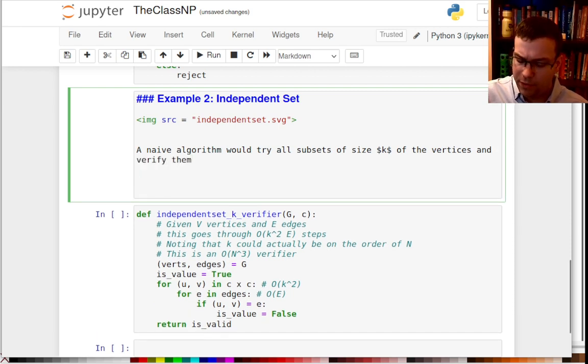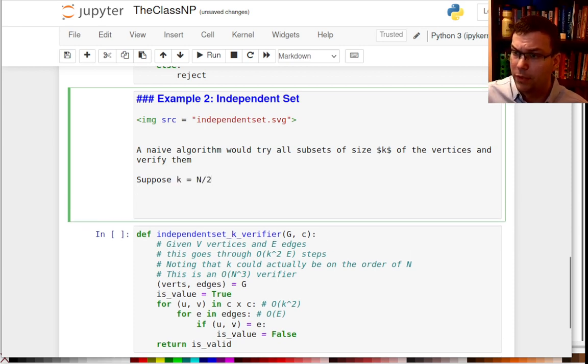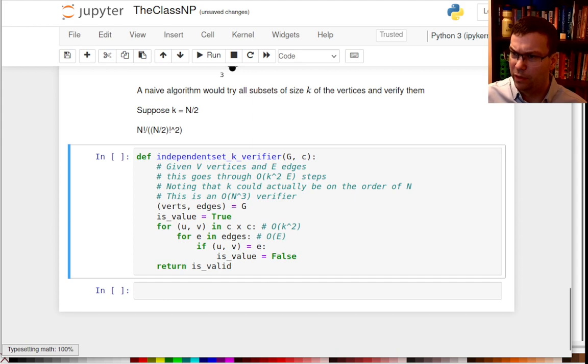Suppose k is equal to n over 2, which is kind of the most subsets I could possibly have. That would be n factorial over (n minus k) factorial, so n factorial over (n over 2 factorial) squared. That is almost as bad as n factorial.